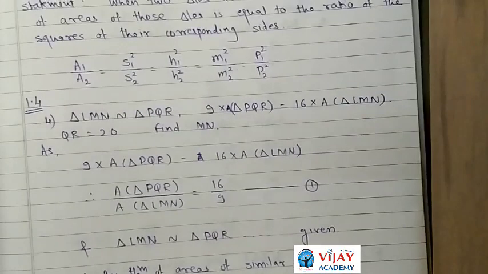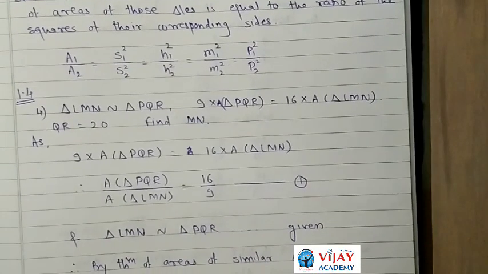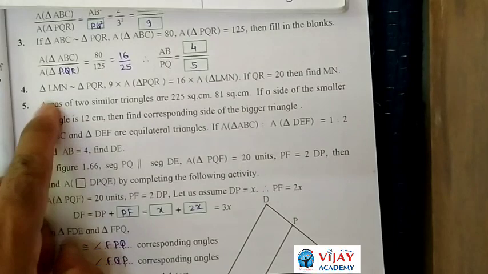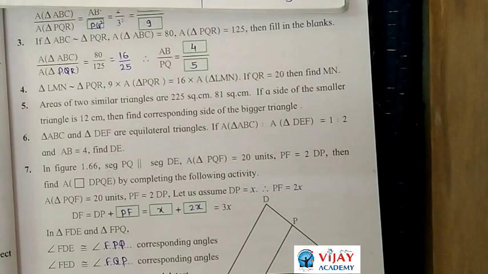Now we'll take the fourth sum. In the fourth sum you are given triangle LMN is similar to triangle PQR. 9 times area of triangle PQR is equal to 16 times area of triangle LMN. If QR is equal to 20, then find MN.